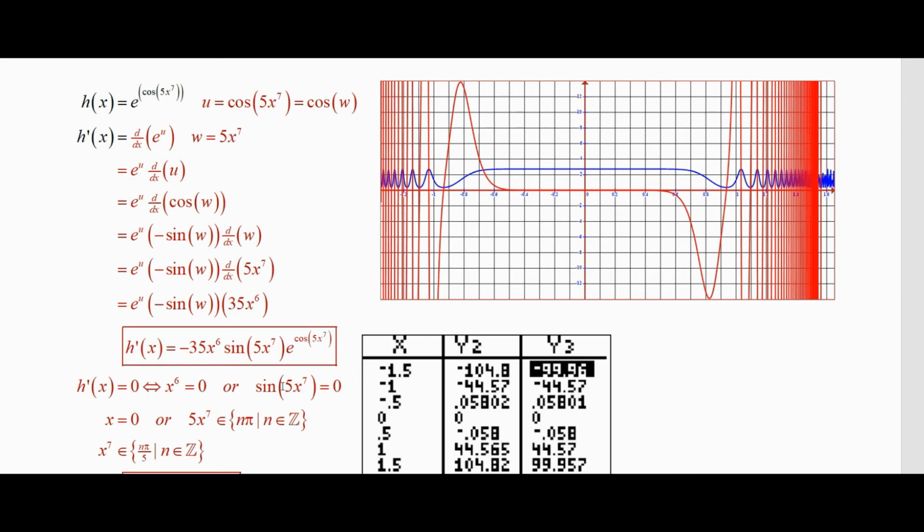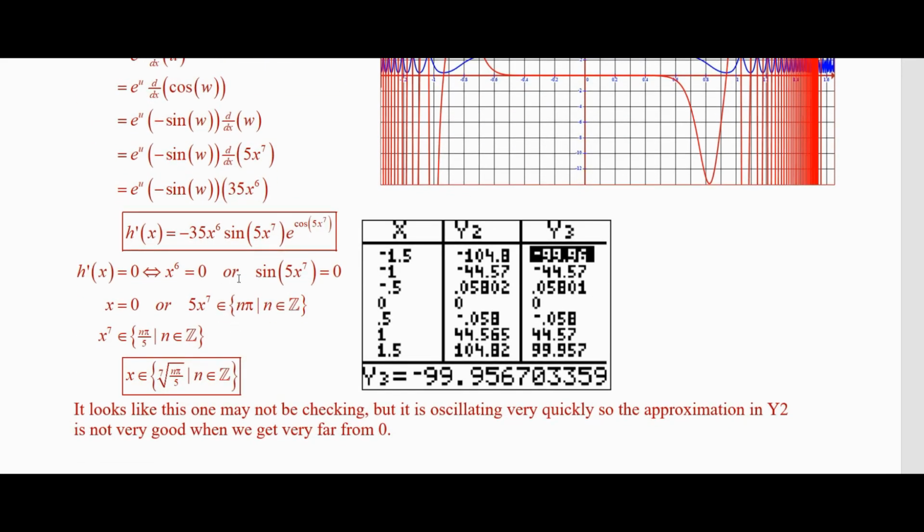the w, right? So that's going to happen when the w, see, sine of x is 0 at integer multiples of pi. So n times pi such that n is an element of the set of integers. That little Z is for integers. That means element of. Vertical line is such that. But that's for 5x to the 7th.